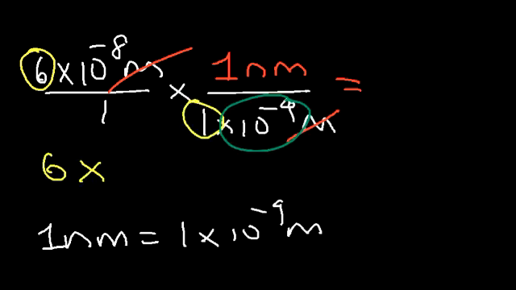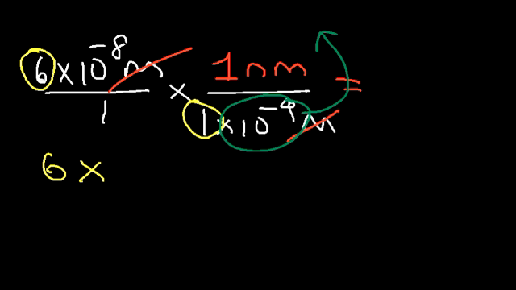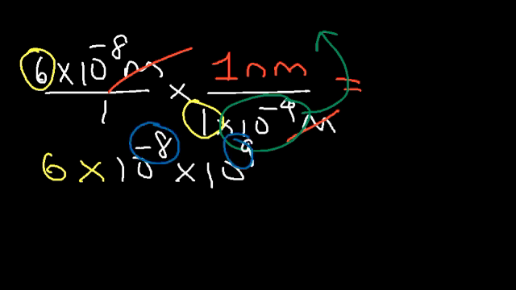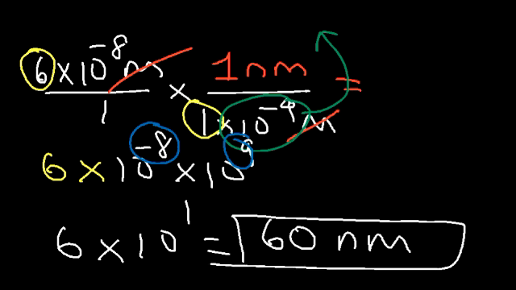And so we can move this to the top so that the negative exponent will now be positive. So what we have is 6 times 10 to the negative 8 times 10 to the positive 9. If we add negative 8 plus positive 9, that's equal to positive 1. So the answer is 60 nanometers. So that's the wavelength of the photon.